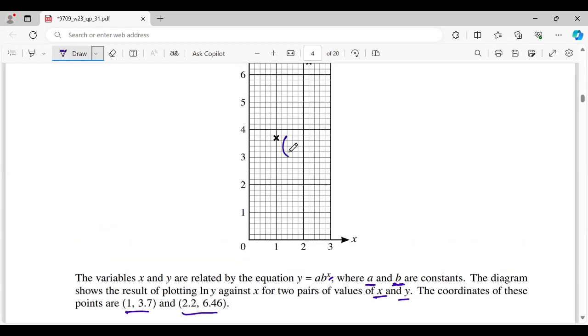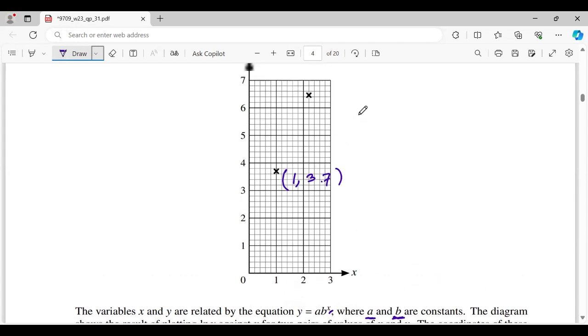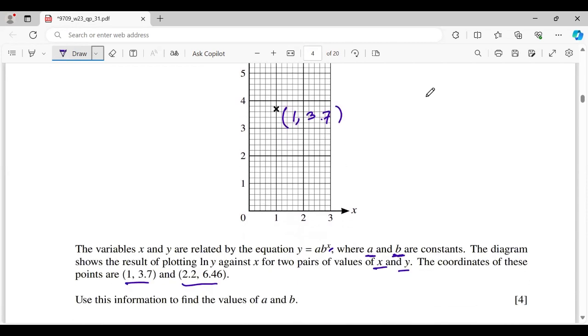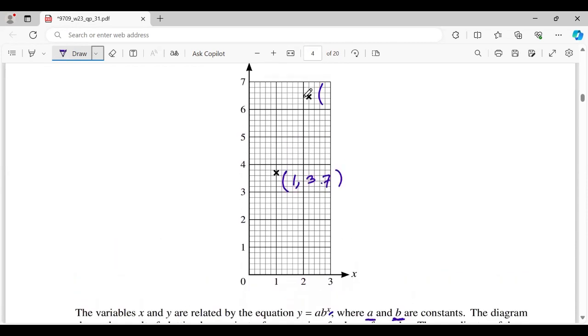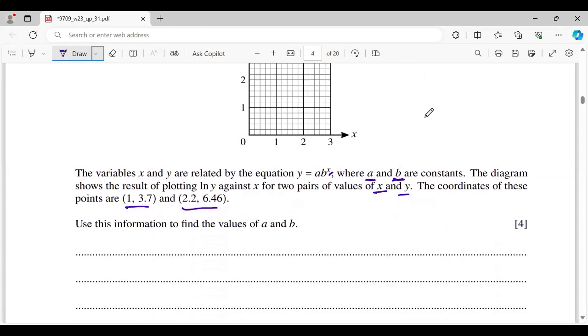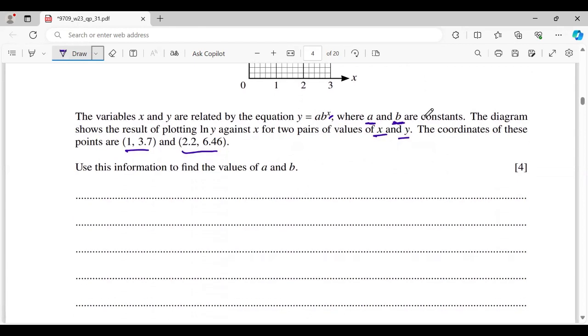So this is 1, 3.7, while this one is 2.2, 6.46. Use this information to find the values of a and b.